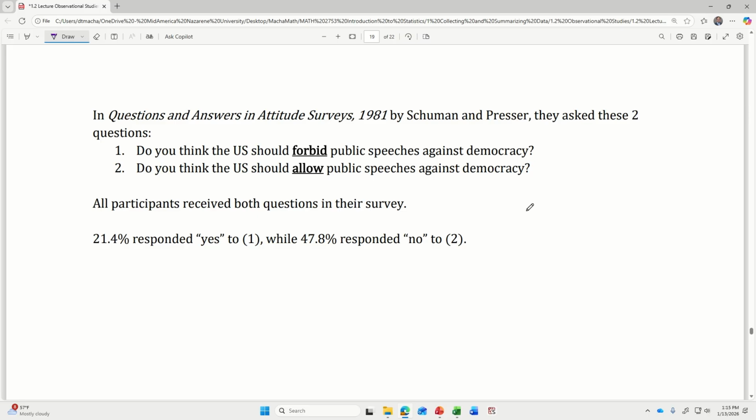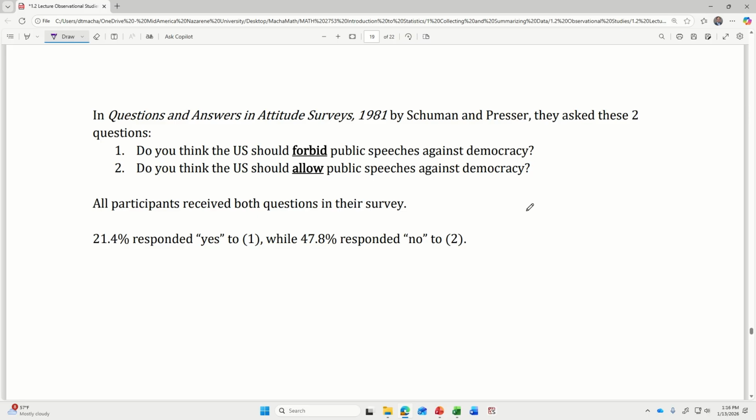But do you see why that really should be the same percent? There's a pretty good number of people, something like 26% of people, that answered these 2 questions in a way that's logically contradictory, right? They're contradicting their own opinion while taking the same survey in the same day.